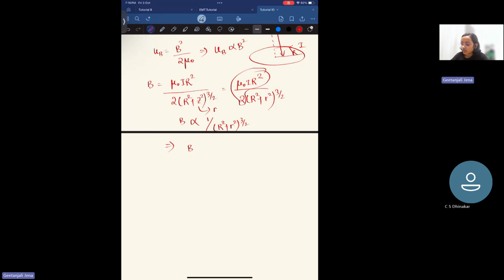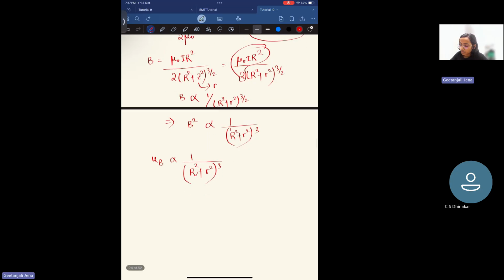That means B square is inversely proportional to (R square plus z square) whole cube. So U_B is inversely proportional to (R square plus z square) whole cube.